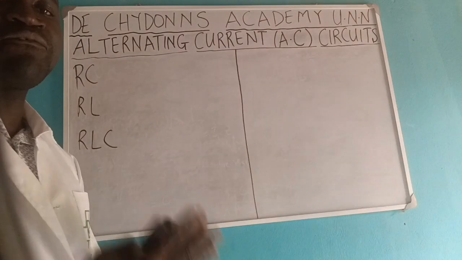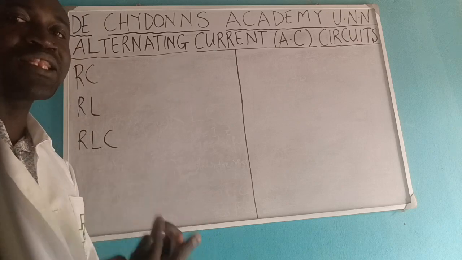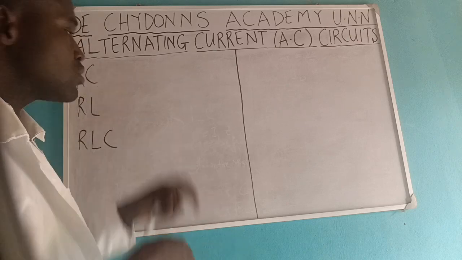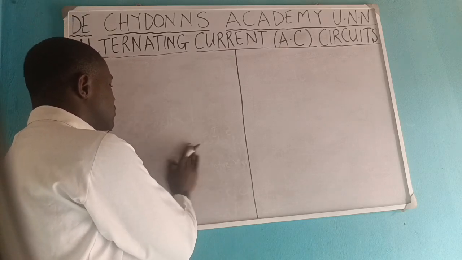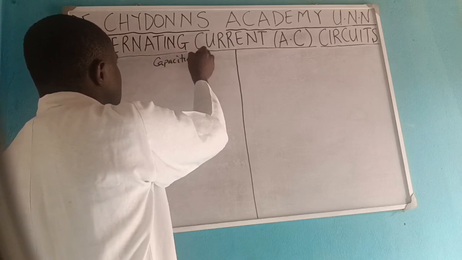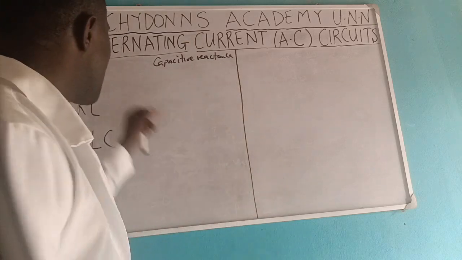Now, it's important for you to note that the opposition to the flow of electric current offered by the capacitor is called capacitive reactance. That is for the one on the capacitor.